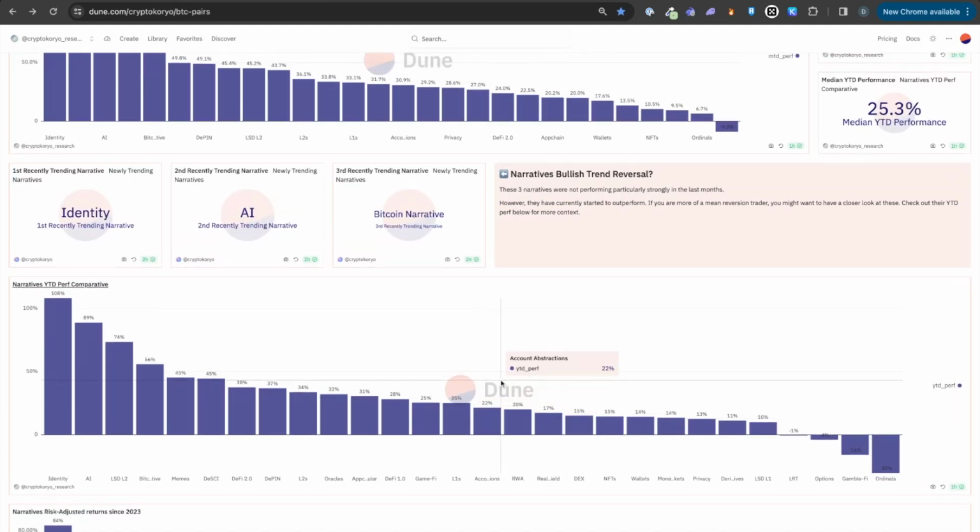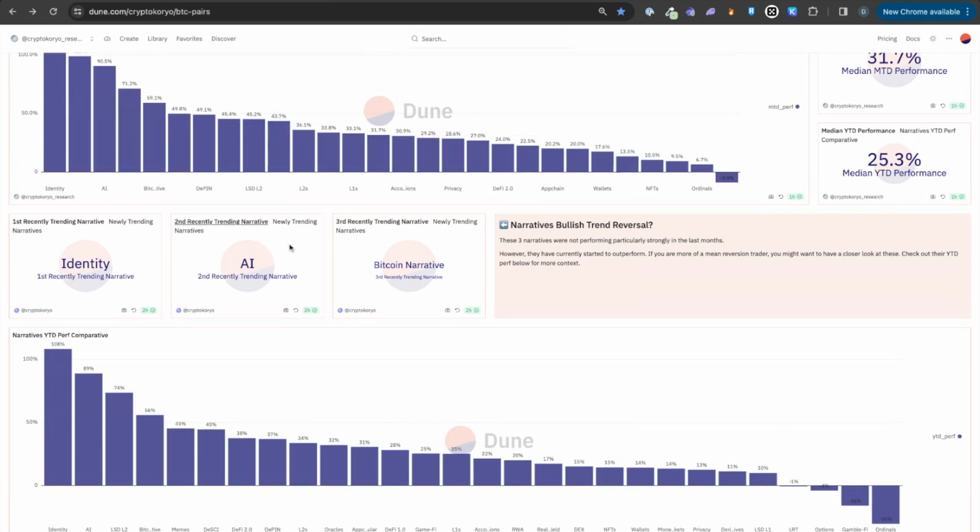There is also some kind of alpha in comparing these two. For example, if some narratives are on the right hand side of this chart here, and on the monthly they're on the left side, then it means that overall across that year they underperformed, but now they are actually outperforming.